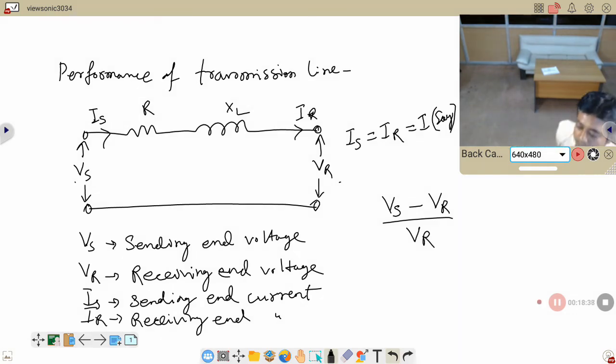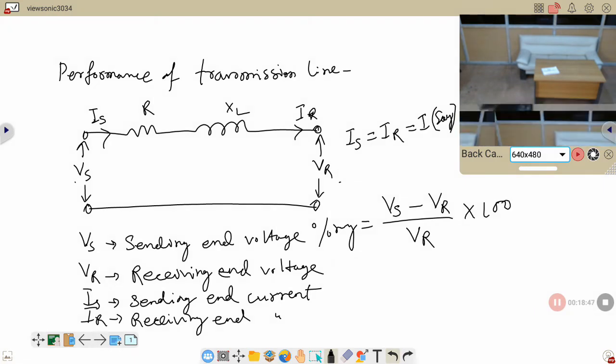Now how will the regulation differ? Suppose the line resistance and inductance are there.